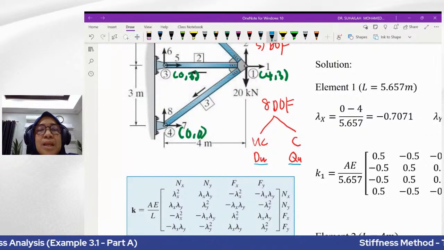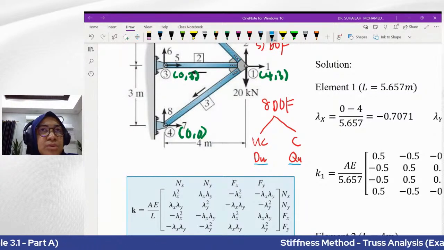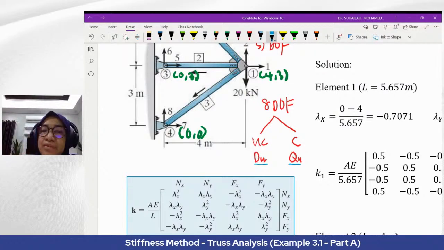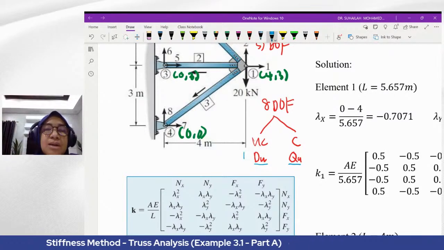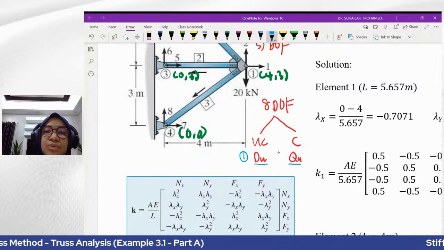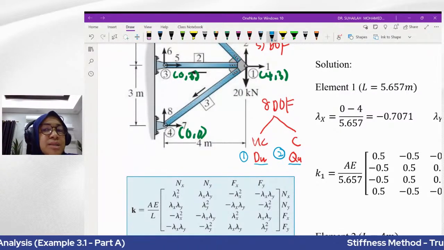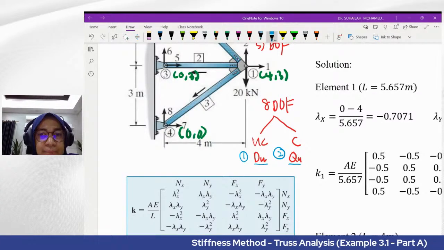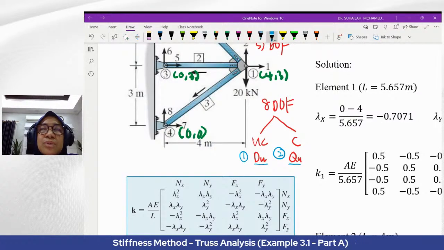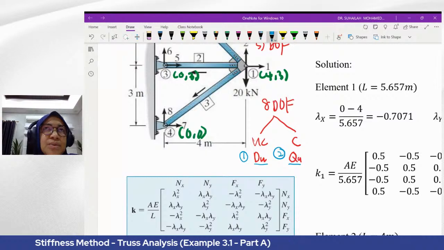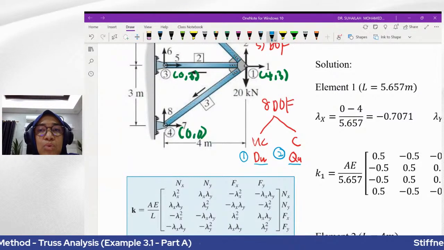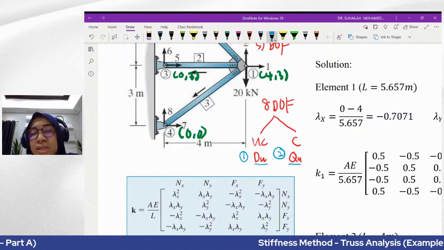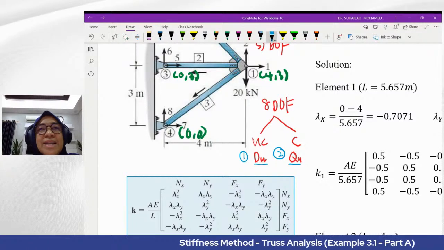Between D and Q, Du will be determined first, followed by Qu. We cannot determine Qu without Du, in order to calculate Qu, which is the reaction at the support. Q represents force, and the small u represents unknown.